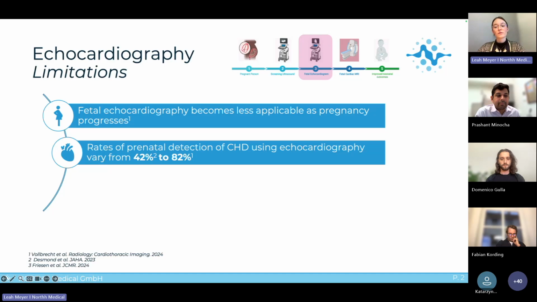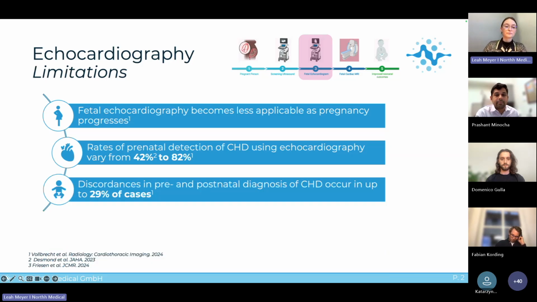We also know that fetal echo itself has some limitation when there's a lack of amniotic fluid, an increase of bone calcification, unfavorable fetal position, or maternal obesity. And this can lead to discordances in pre- and postnatal diagnosis of CHD in up to 90% of cases.